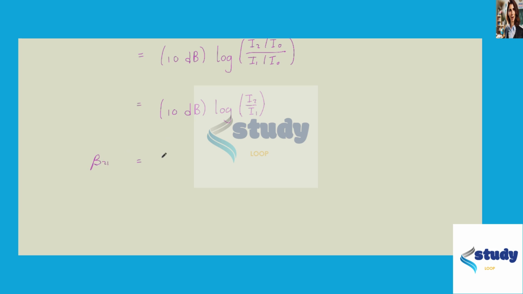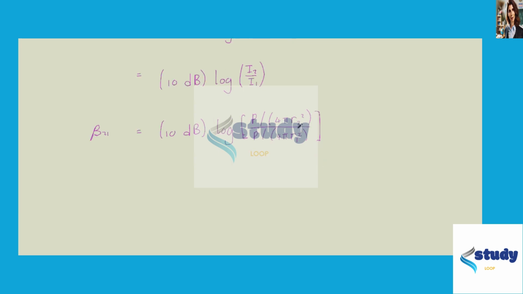beta 1 is equal to 10 decibels times the log, and now we'll replace the intensities with the sound power of the source P divided by 4 pi r2 squared, where r2 is his second distance from the source, over the sound power P divided by the area, which is the spherical surface area, 4 pi r1 squared, where r1 is his initial distance from the source.